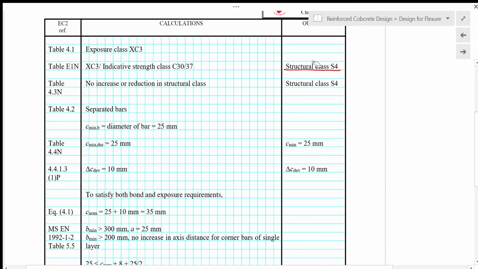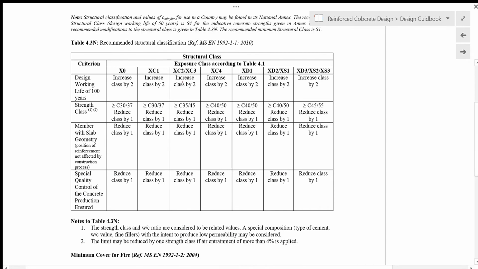And then we go to table 4.3N to determine the structural class increase or decrease. So for our beam we have exposure class XC3, and then we go through row by row in the downward manner to determine whether there is any change in structural class S4.